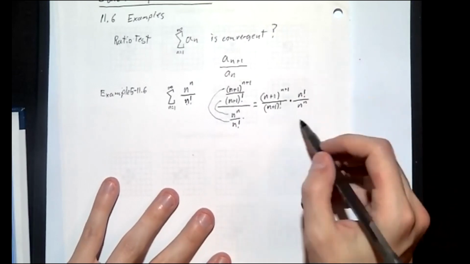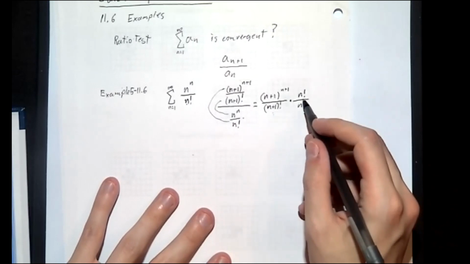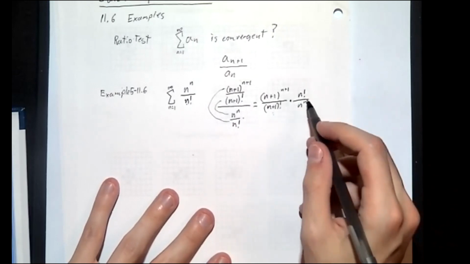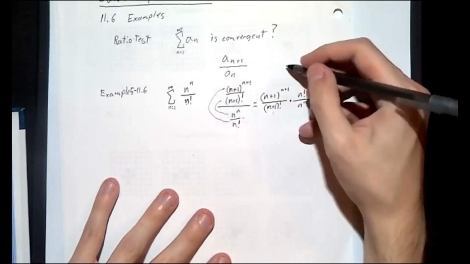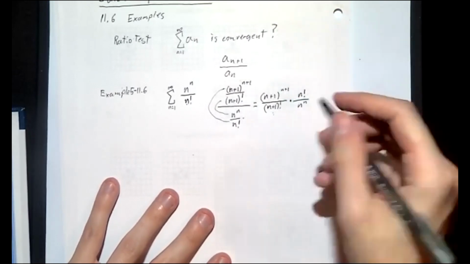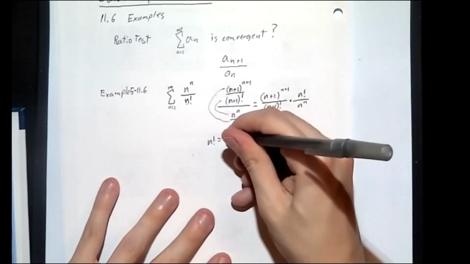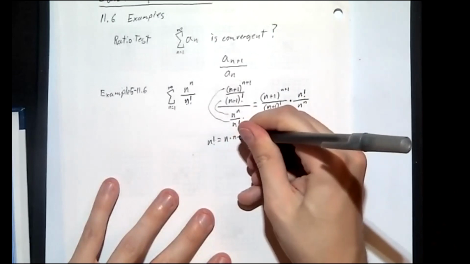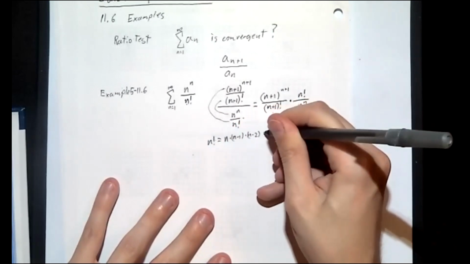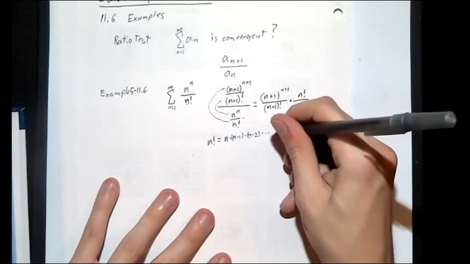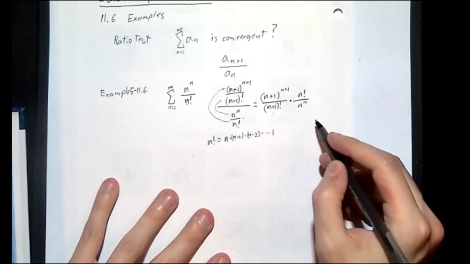Immediately you want to look for anything that's similar, and you'll see n plus 1 factorial and n factorial. Always look for those. n factorial is equal to n times n minus 1 times n minus 2 times yada, yada, yada, times 1. We just go down to 1.